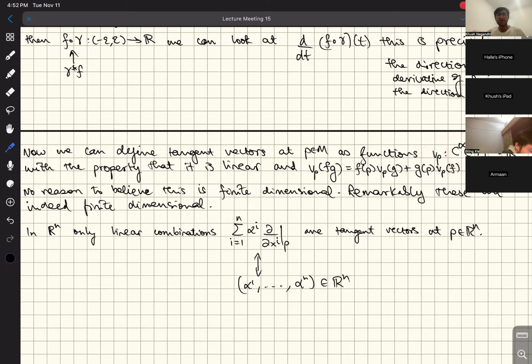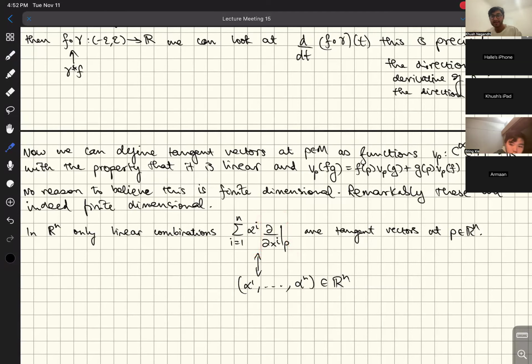We also have an idea that they should form a finite dimensional vector space, right? If you recall from linear algebra, we know a classification theorem for finite dimensional vector spaces. There's one for each dimension up to isomorphism. But this isomorphism is not canonical. You need a choice of basis, right?